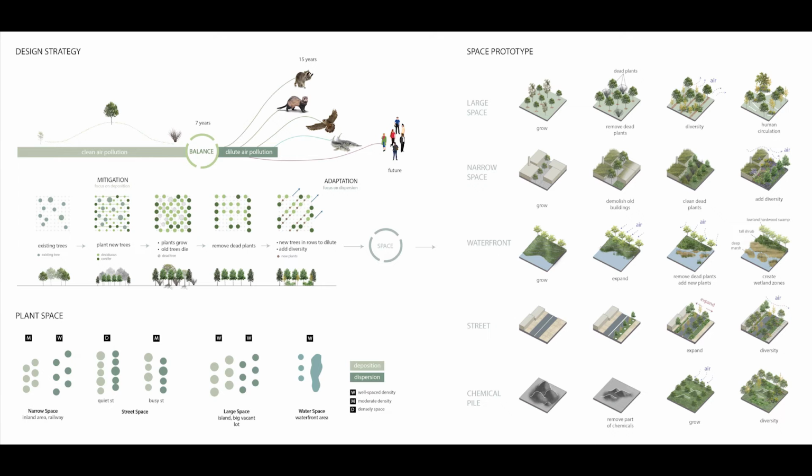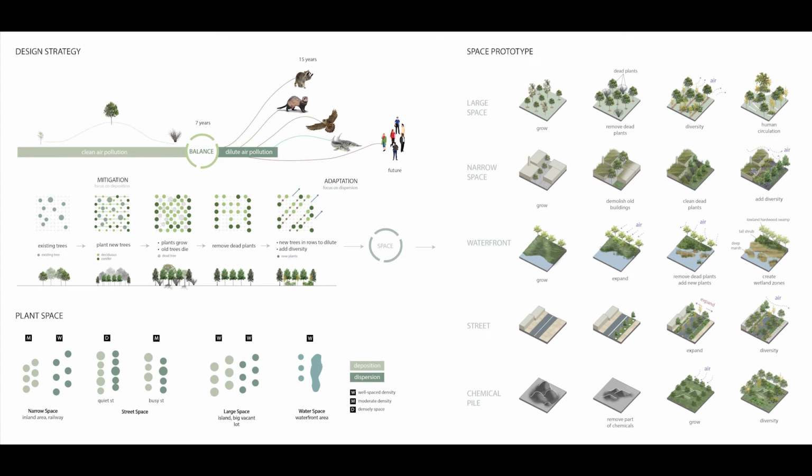For the narrow space, this is a space like inland area, also space between buildings and some roadside area. I want to demolish some old buildings and add some biophilic elements like vertical gardens and roof gardens to these new buildings.